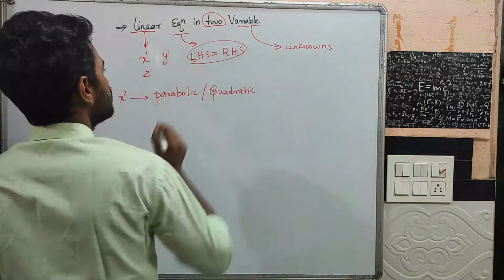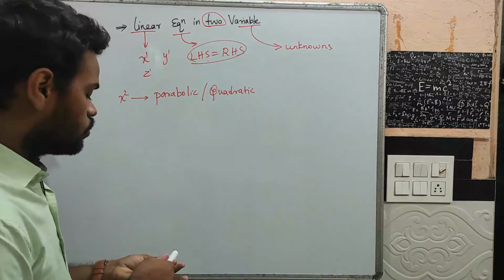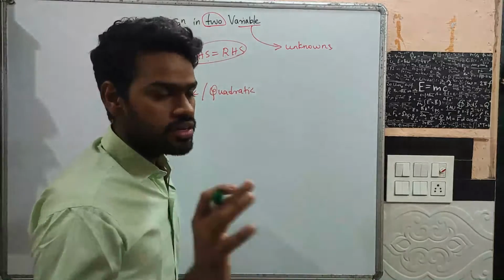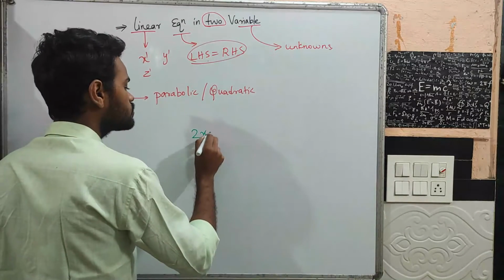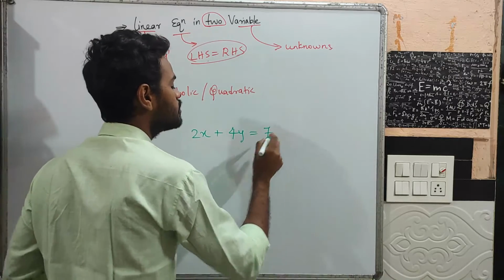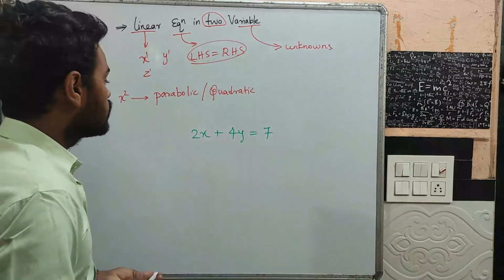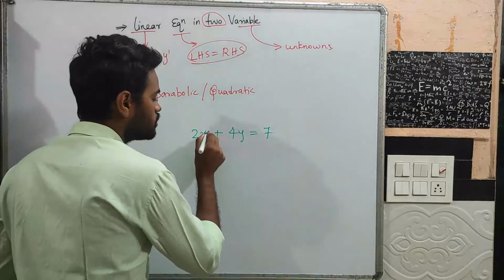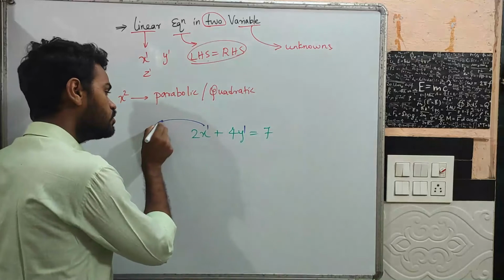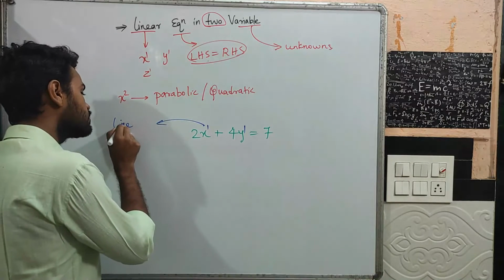2. So the whole set of meaning is linear equation: the equation must be linear. For example, 2x plus 4y equal to 7. The degree of this equation is 1 here and also 1 here, so it follows the linearity.